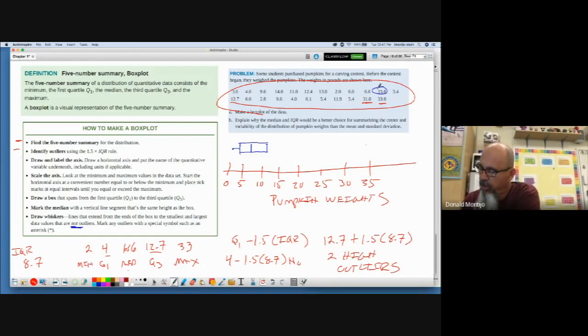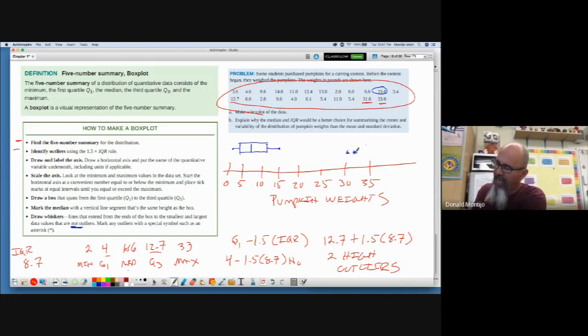That's the largest number that's not an outlier. So that's how we know to get the whiskers. And then using stars or asterisks, show any outliers. Yeah, I did have an outlier out here at 31 and another one at 33. So it's showing the outliers. So this would be the modified box plot.